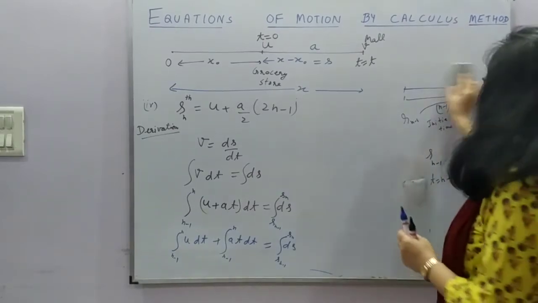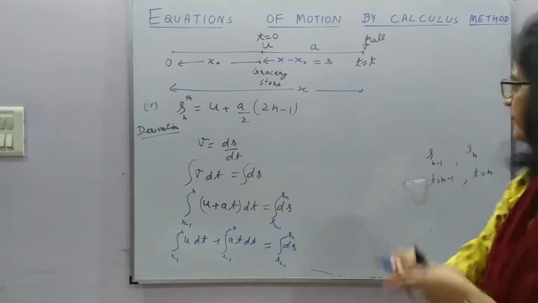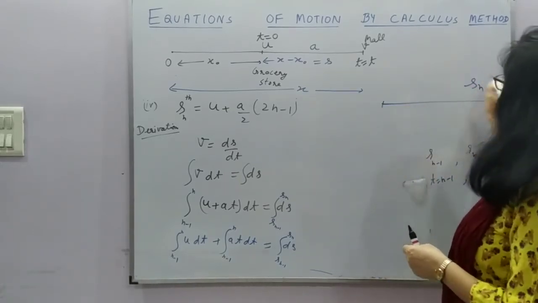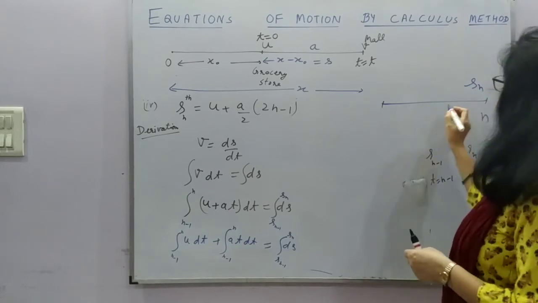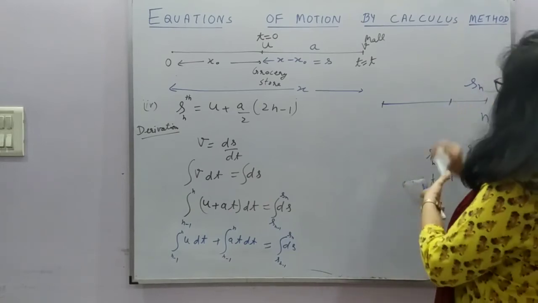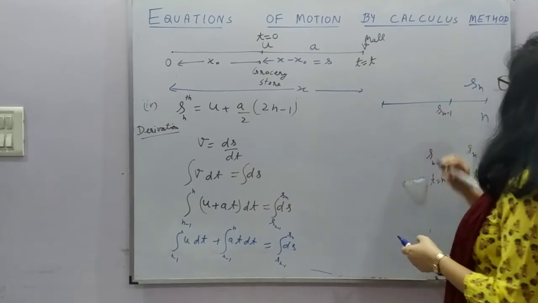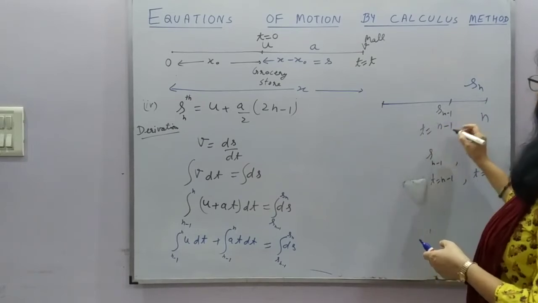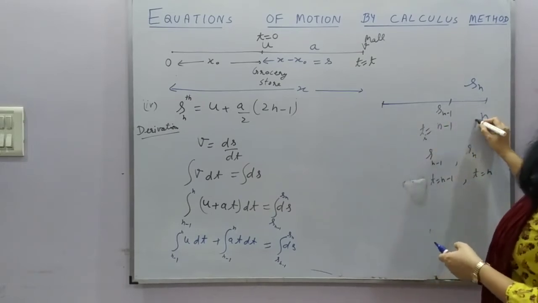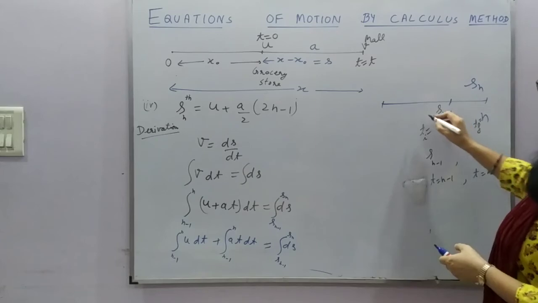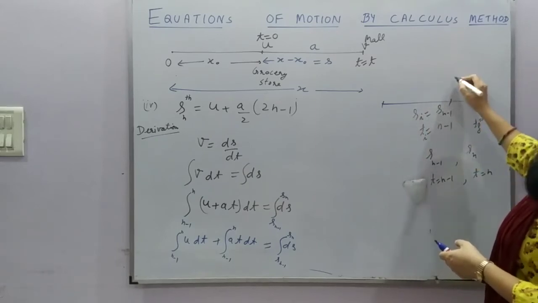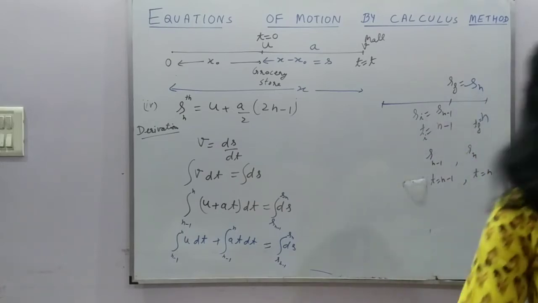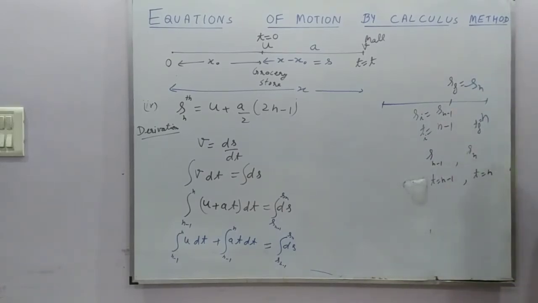And if you still did not understand, I can make a bigger figure. So this is distance in n seconds and time taken is n seconds. And suppose this is distance in n minus 1 seconds and the time is n minus 1 seconds. This is t initial and this is t final. So this is distance initial and this is distance final. So our limits will be like this, right? So let's put the values.